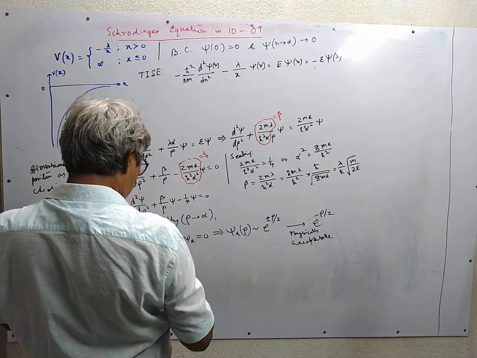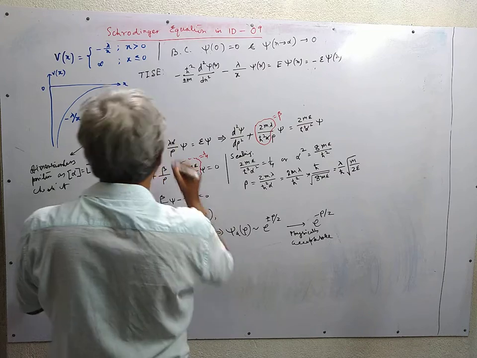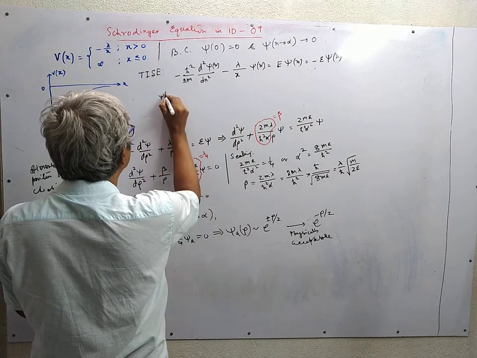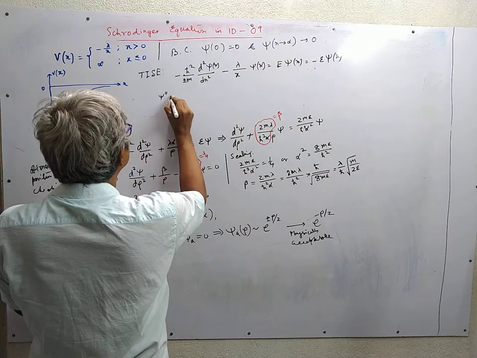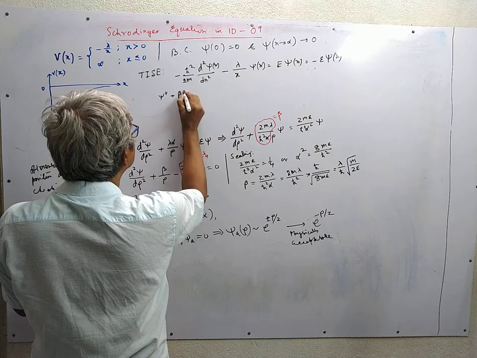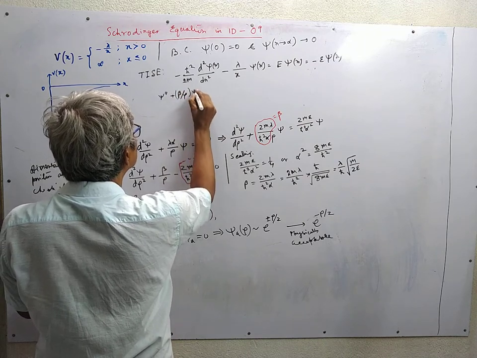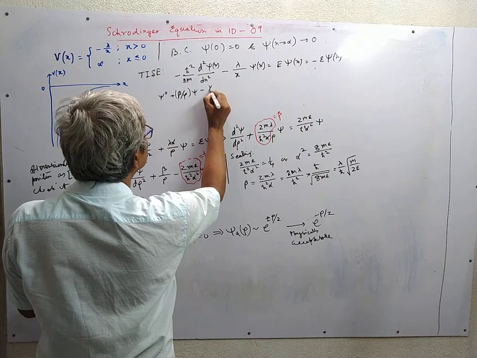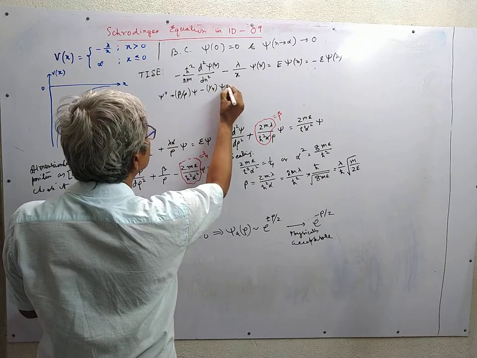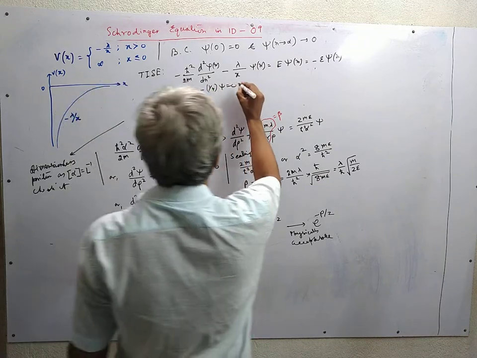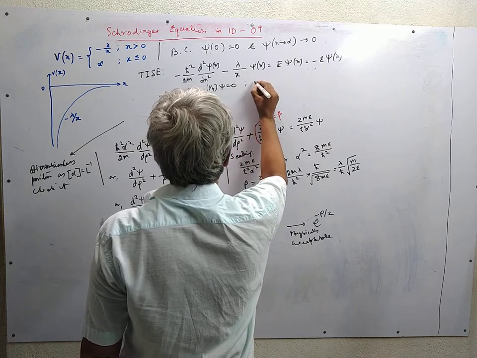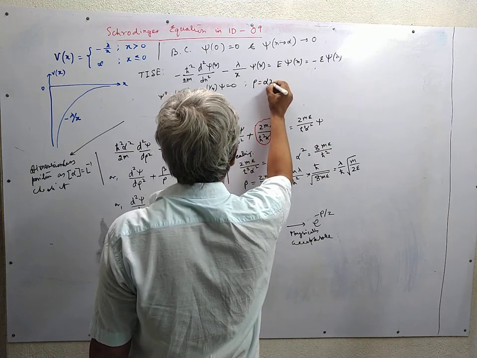This equation now becomes zero with rho equal to alpha x.